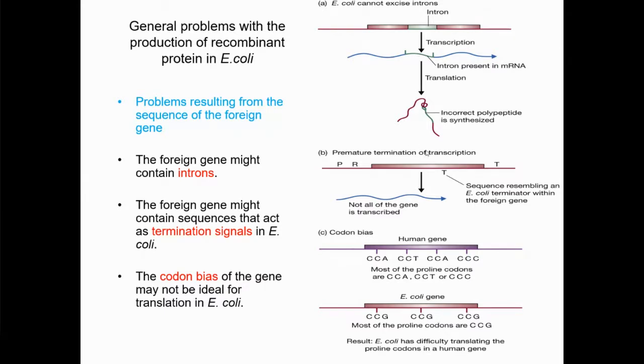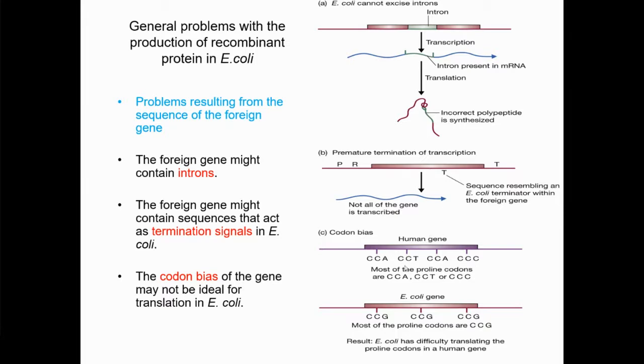Also, it can have premature termination of transcription, because the foreign gene might contain a sequence that acts as a termination signal in E. coli. Then the sequence cannot be expressed completely. In this case, you will use in vitro mutagenesis to remove those early termination signals. And also there's a codon bias.